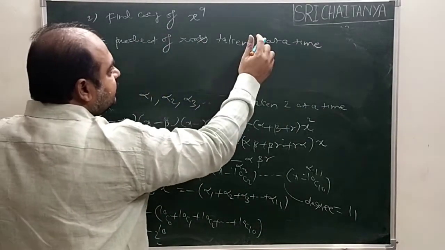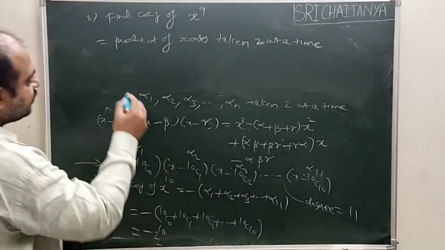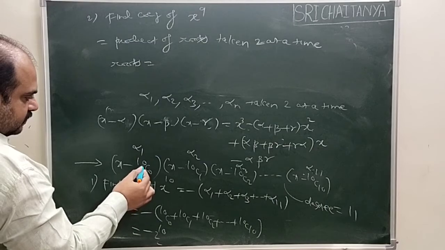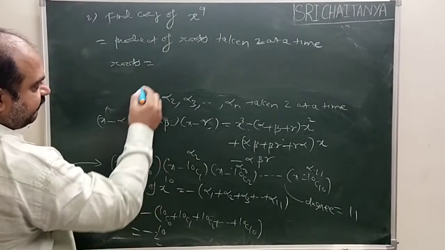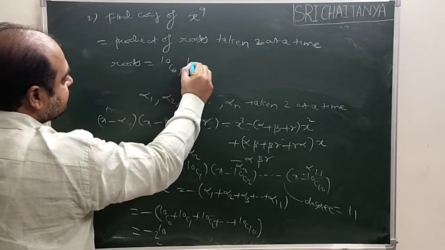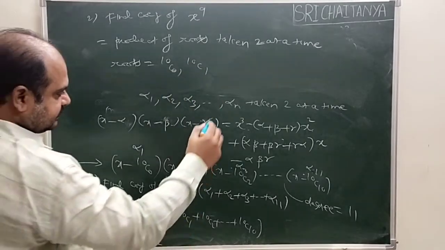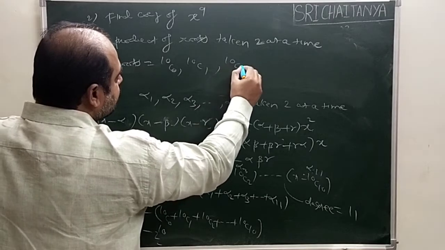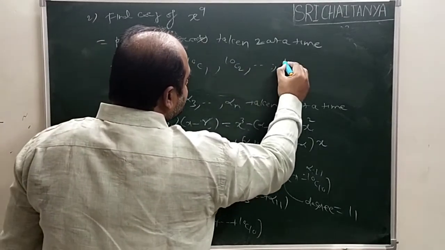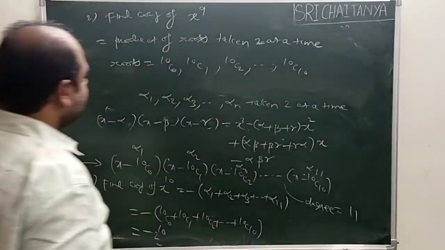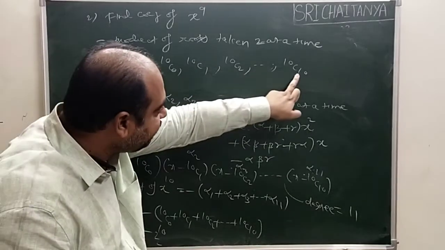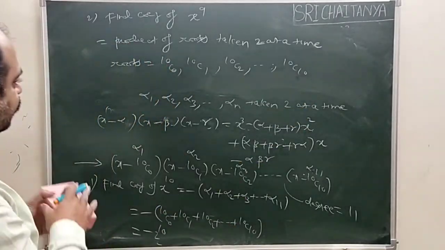What are the roots here? The roots are alpha 1, alpha 2 and so on up to alpha 11, that is 10c0, 10c1, 10c2 and so on up to 10c10. That means this coefficient is nothing but the sum of products of these 11 numbers taken 2 at a time.